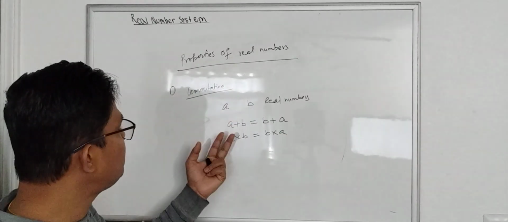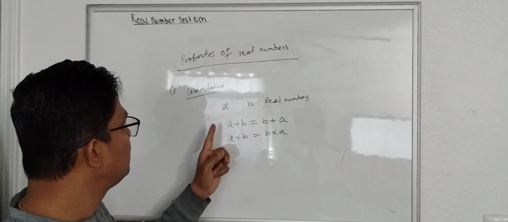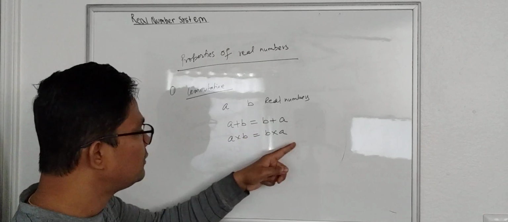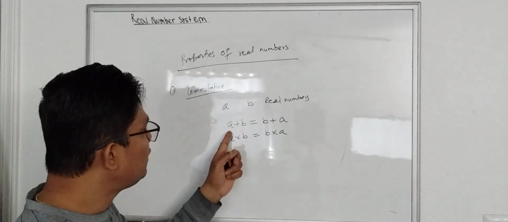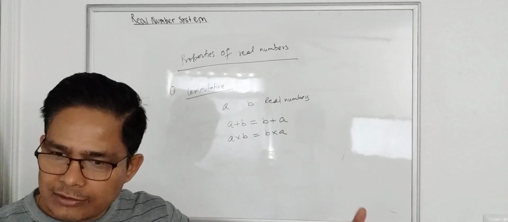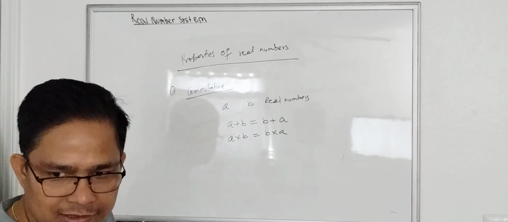If you have two real numbers and you multiply them, A times B, B times A will be the same. If you add them in one order or in another order, they will be the same. So order doesn't matter here.